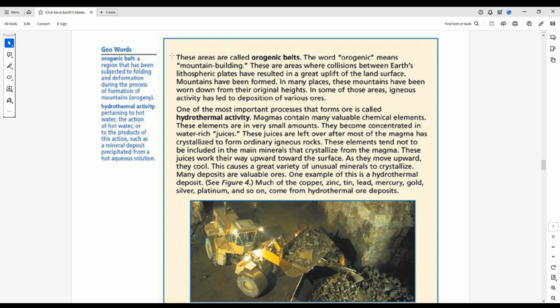The word orogenic means mountain building. These are areas where collisions between Earth's lithospheric plates have resulted in a great uplift of the land surface. Mountains have been formed. In many places, these mountains have been worn down from their original heights. In some of those areas, igneous activity has led to deposition of various ores.